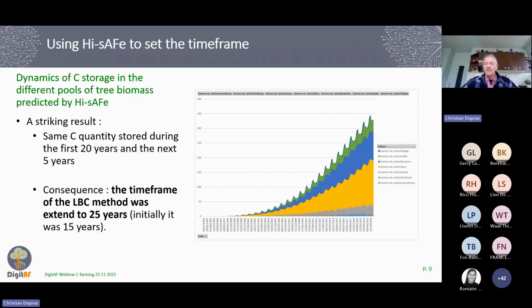So the time horizon when you calculate your carbon storage is very important. That's why we have extended the time frame for the Low Carbon Label method in France to 25 years. Previously, it was 15 years, but we convinced people that it was necessary to take into consideration a larger period of time.